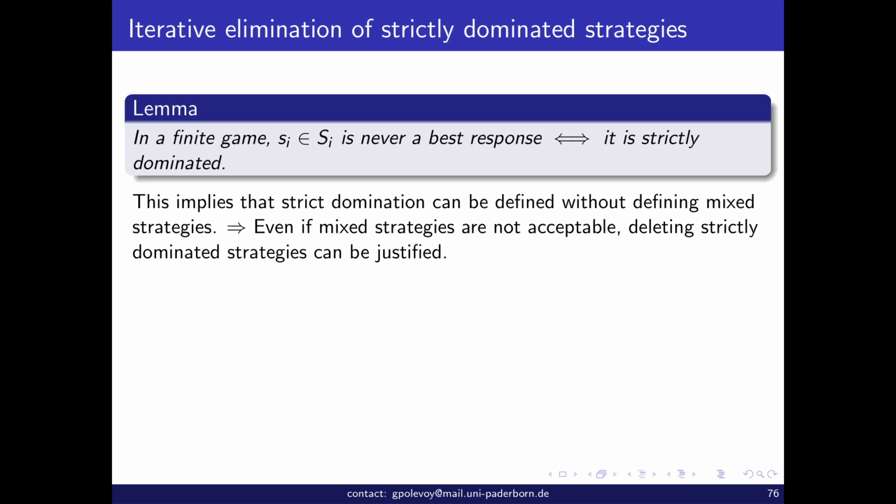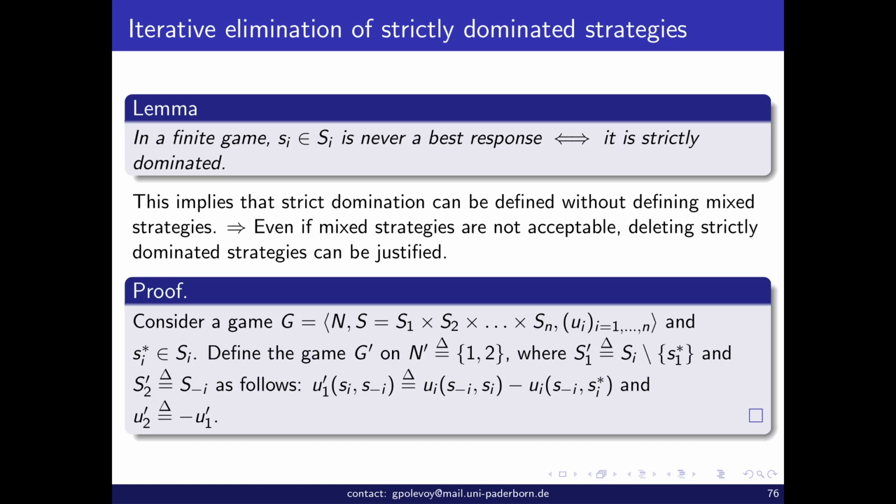And even if mixed strategies are not acceptable, since we know that strictly dominated strategies are never best responses, it's still justified, reasonable to delete them in that sense, because we know that it's the same as never best response. Now let's prove it's the same. It's actually not so hard, but it's not so trivial either. So consider a game, and let s_i star be a strategy.